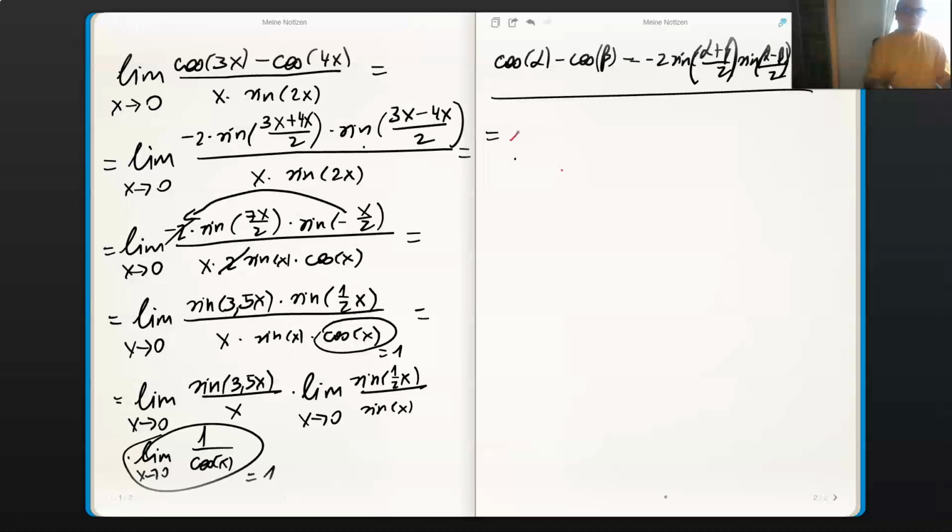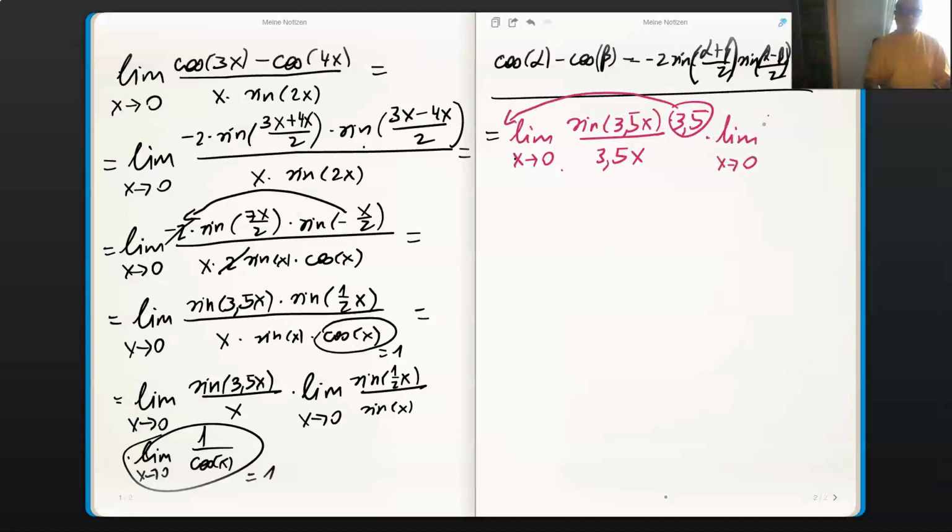We are having limit x towards 0, and, well, we're writing it as sine of 3.5x divided over 3.5x times 3.5, which we can easily take outside of the limit, times the limit x towards 0.